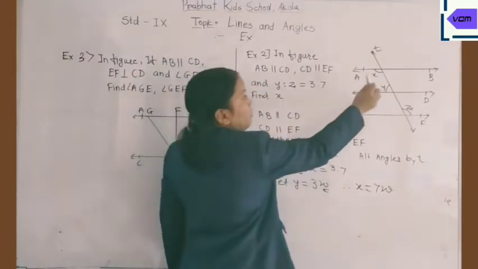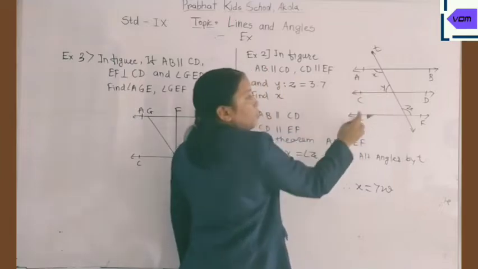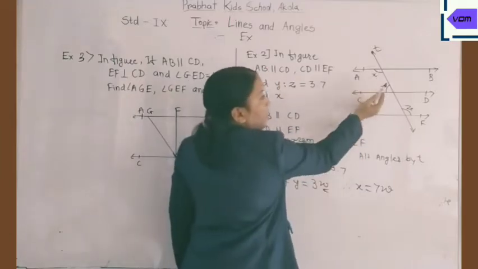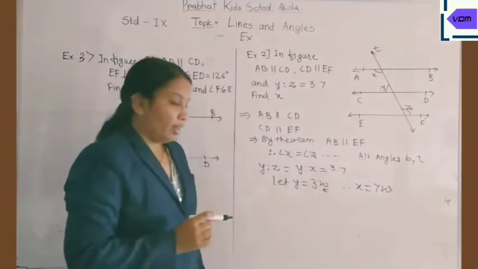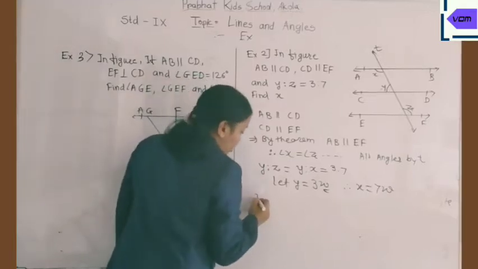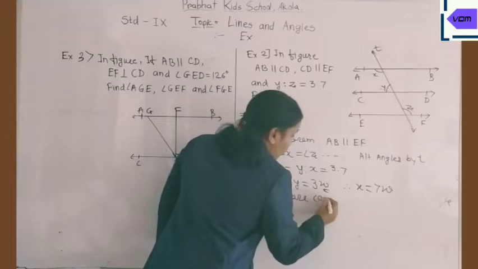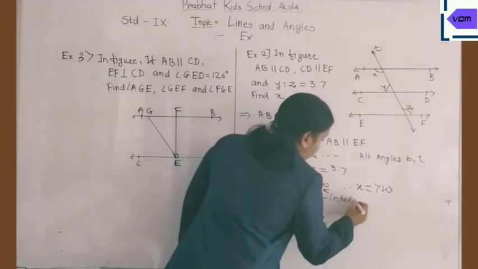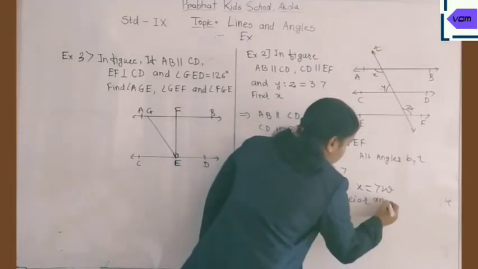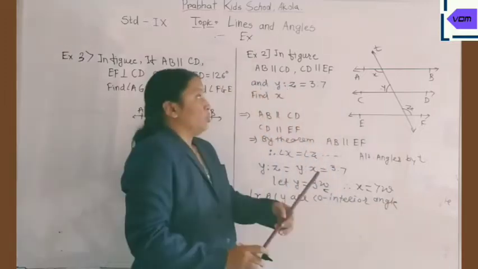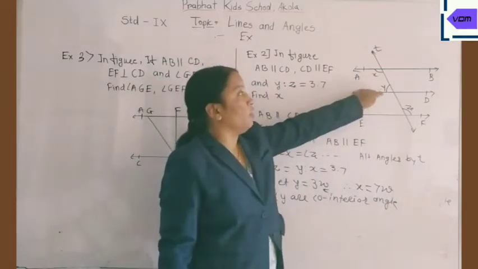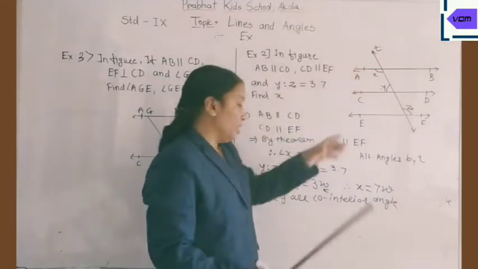Now observe this: as AB is parallel to CD, X and Y are co-interior angles for these two parallel lines.